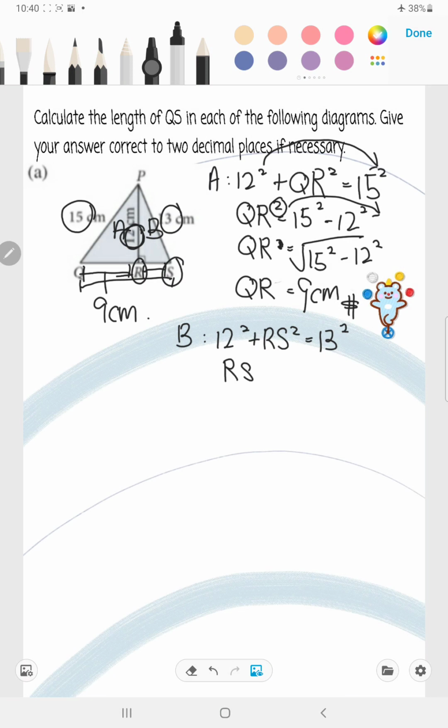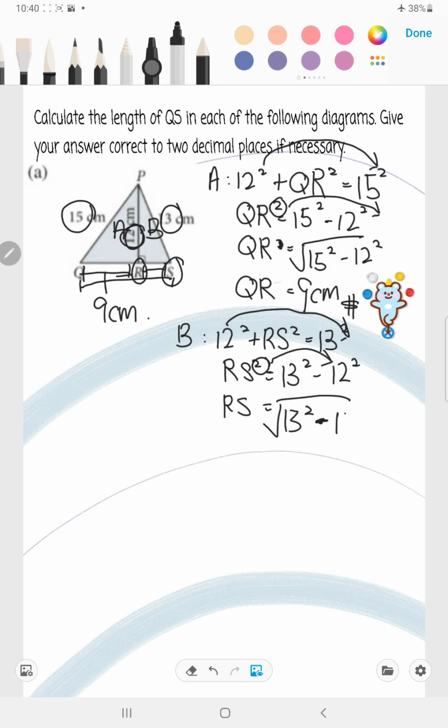So for RS square, same, you have to move 12 square to the other side, and it will become 13 square minus 12 square. Square move to the other side, RS is equal to 13 square minus 12 square, and you will get 5 cm.